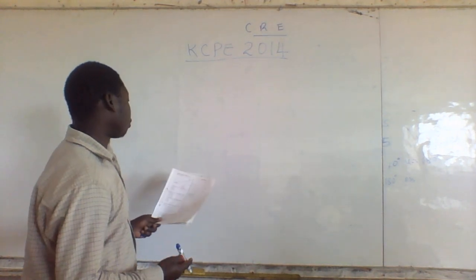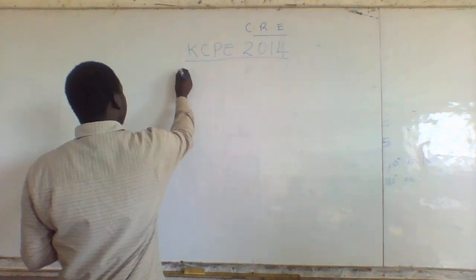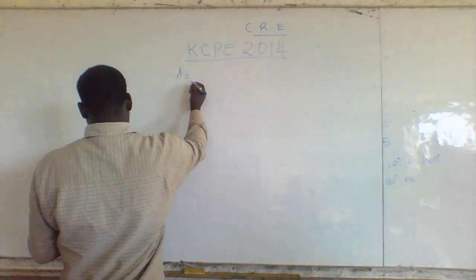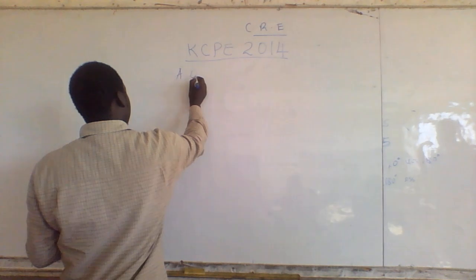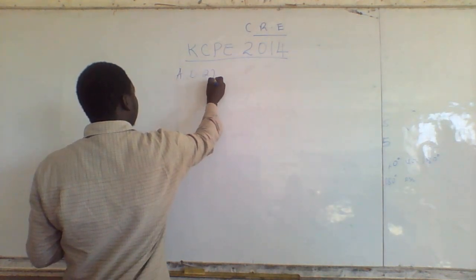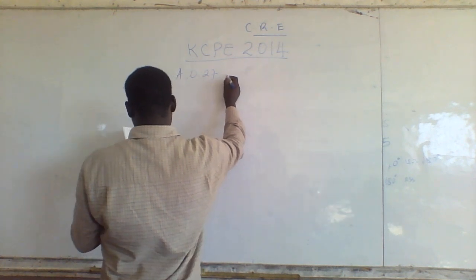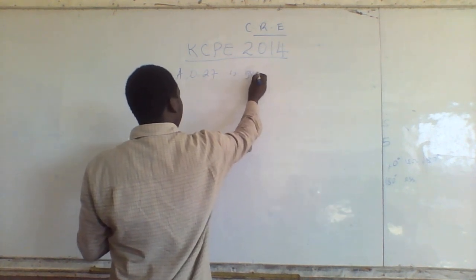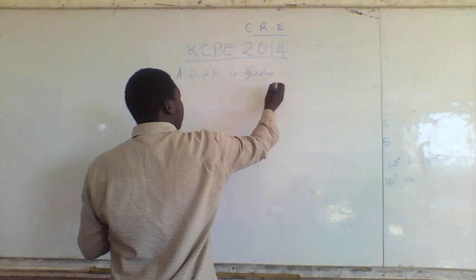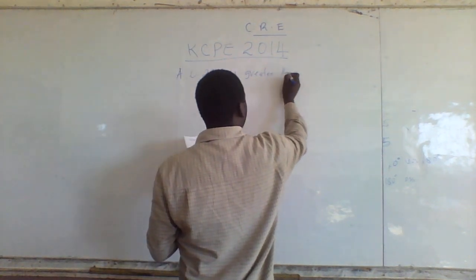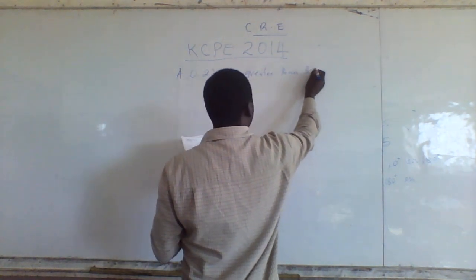So if we change them into fractions, option A, we have 0.27 compared to, we are told it is greater than 3/11.